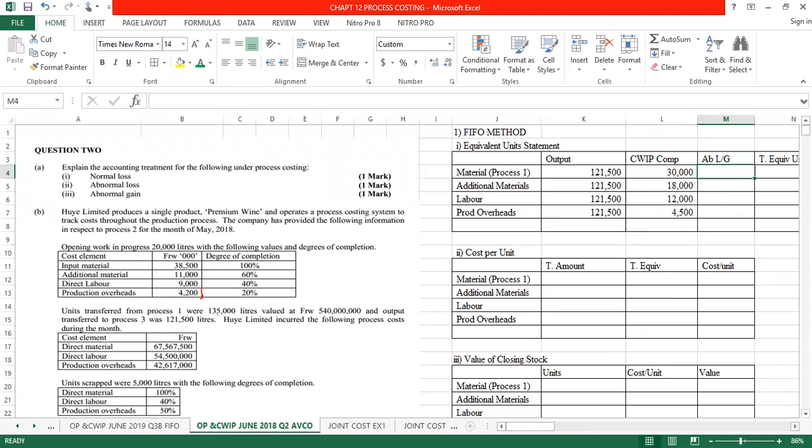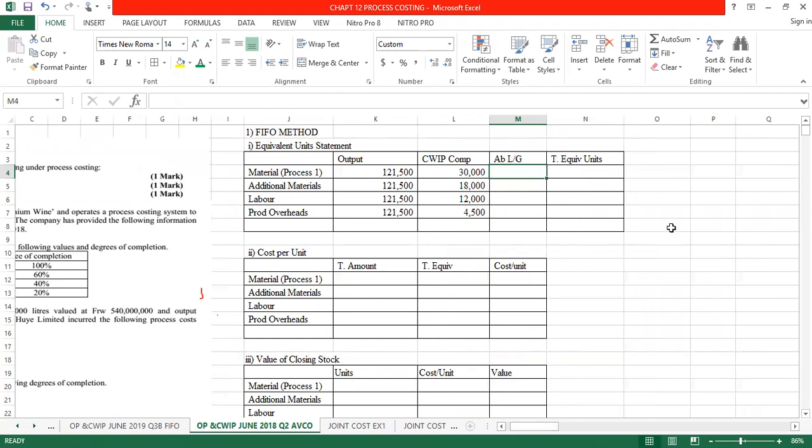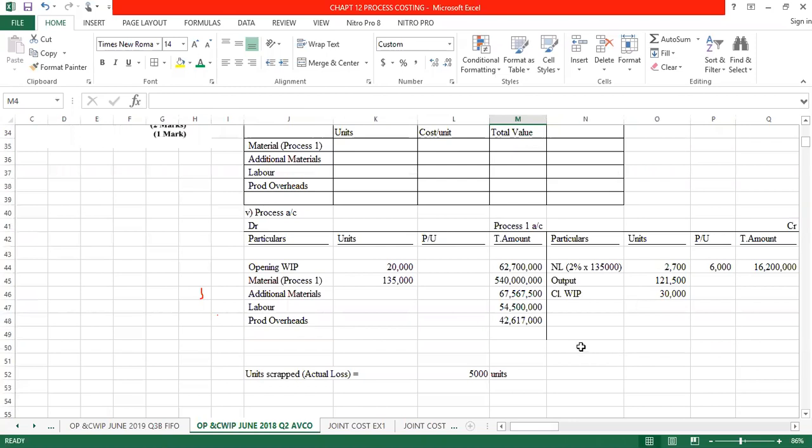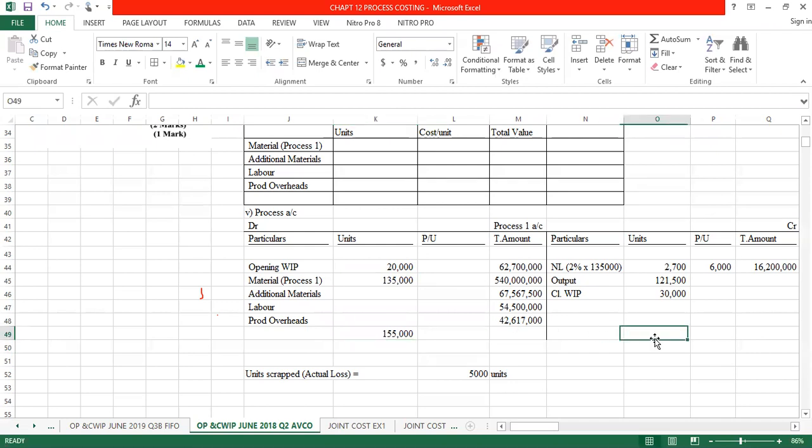Next, abnormal loss. What is your abnormal loss? Okay, we have not found it. So can somebody help me? Which one is more? Yeah, debit side is more. 20 plus 135 is 155.